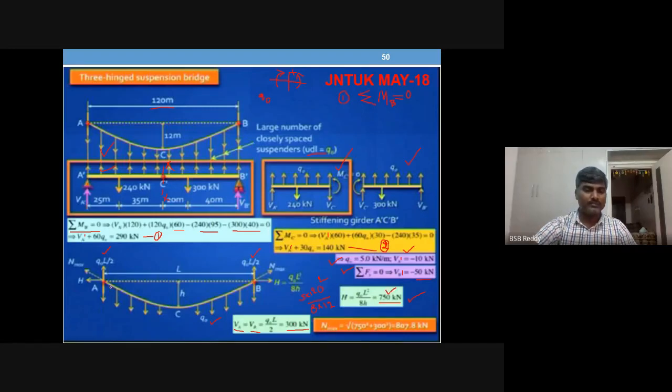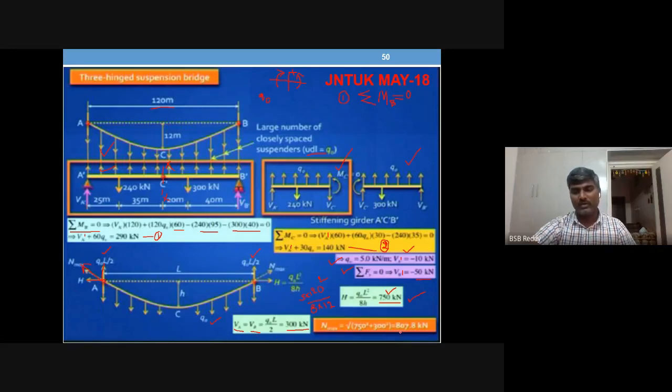So what is the tensile force at the support? It is the resultant of this force and this force, which will be the tensile force in the cable, the maximum tension. So maximum tensile force occurs at the support. This we have talked about when we discussed cables. So square root of H square plus either VA square or VB square, both are the same.